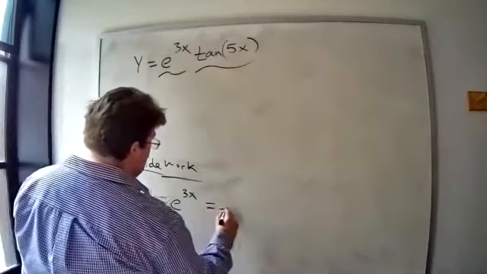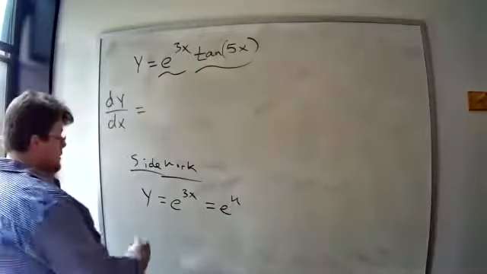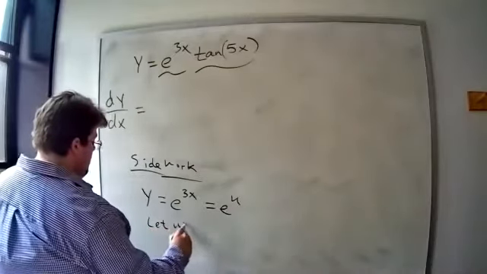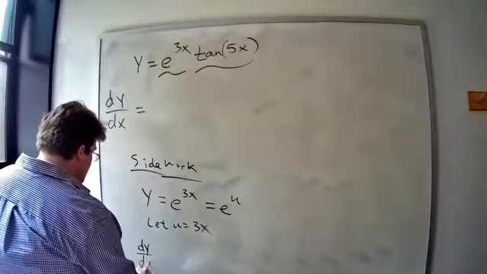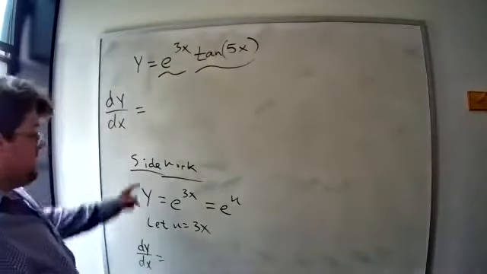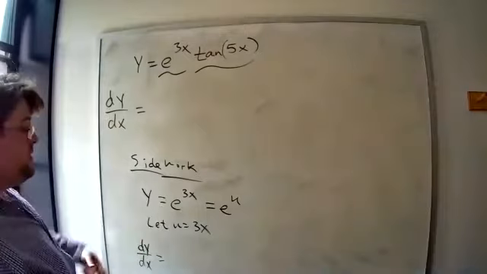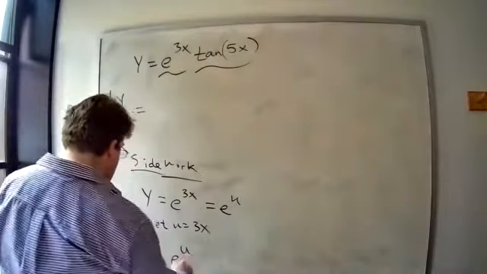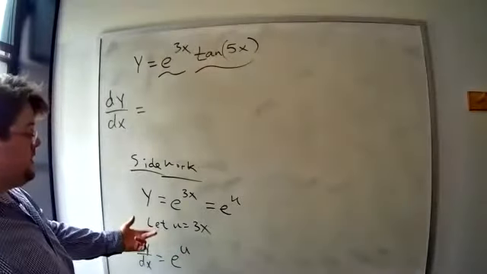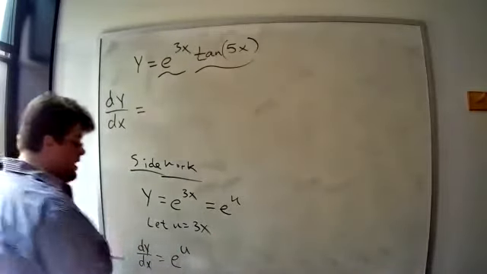So let's let u be the exponent. Then dy dx is dy du. The derivative of e to the u is itself, times du dx. Derivative of u with respect to x is 3.